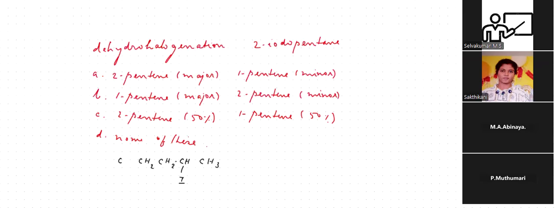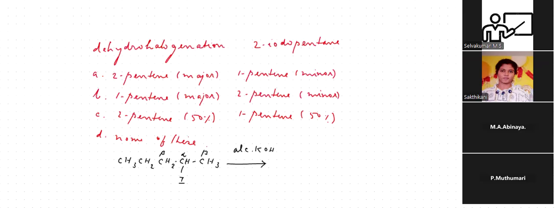So this compound undergoes dehydrohalogenation in the presence of alcoholic KOH. So what will happen? This is the alpha carbon. This is the beta carbon. This is the beta carbon. So it is going to undergo beta elimination.